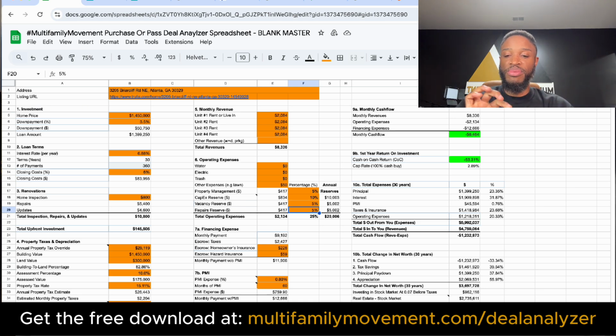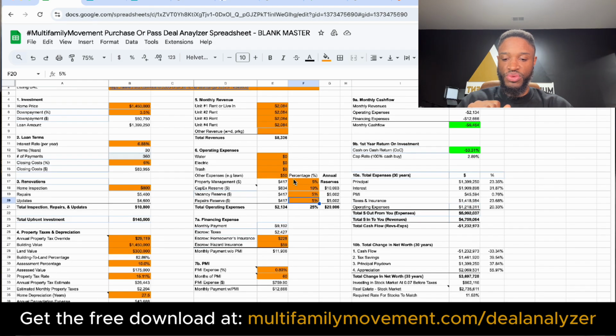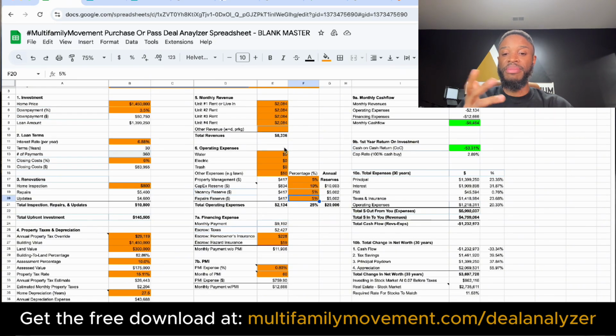So this 25%. A lot of people say, oh, well, Julian, if the rents are $8,336 and the mortgage is only, where's the mortgage? We're about to get down to the mortgage. But somebody might say the rents are $8,336 and the mortgage is only $6,000. So we're good, right? That's a cash flow positive property.